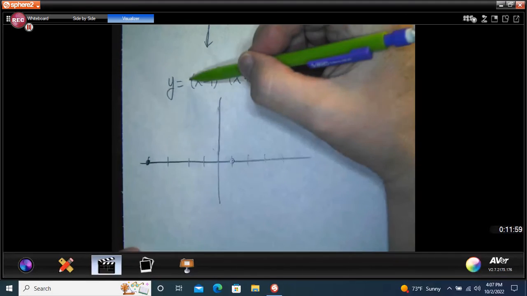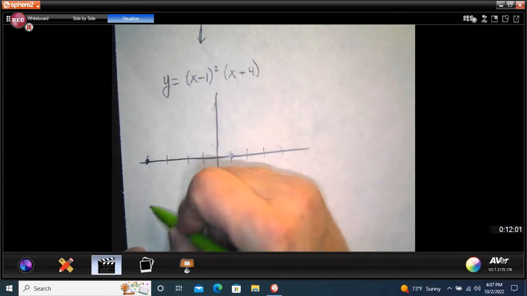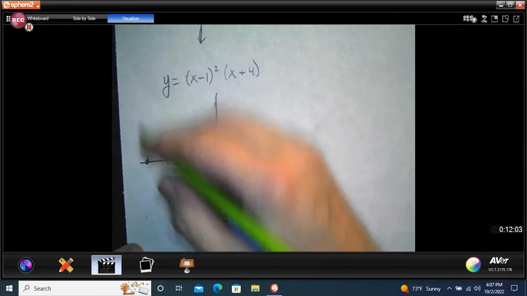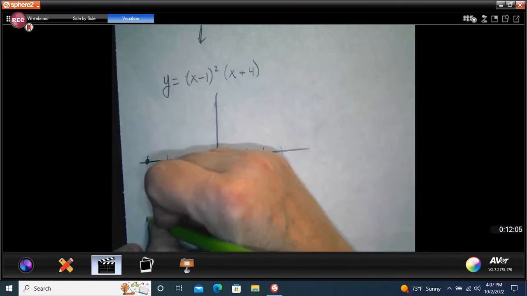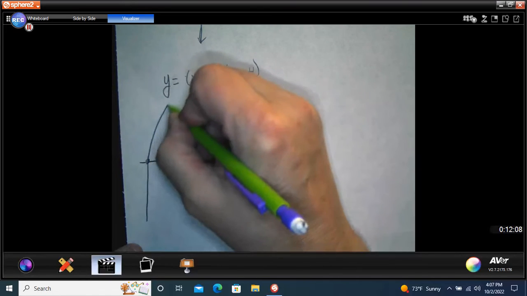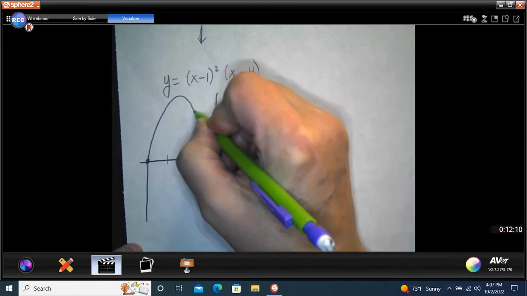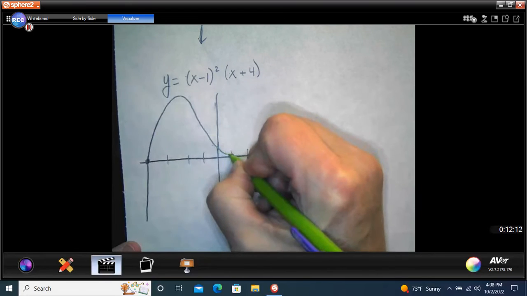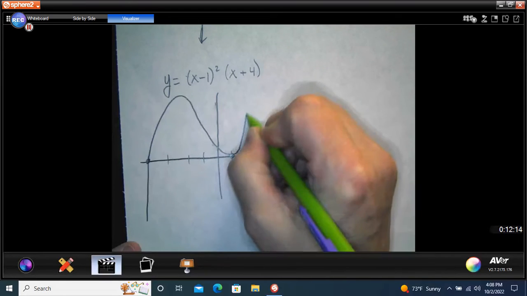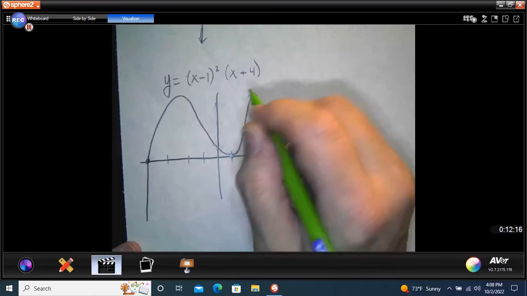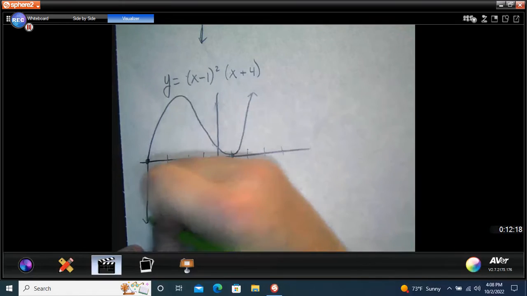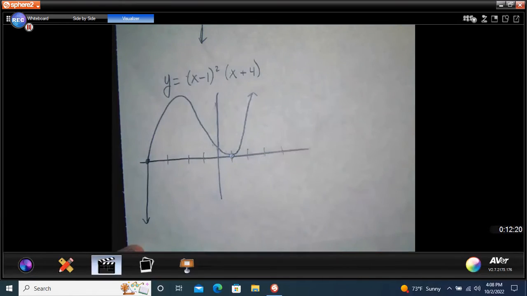It's positive out front, so it's going to start down here, right? It's going to start down because it's positive out front. It's going to come up through here. It's actually going to go pretty high because these are pretty far apart. But it's going to come down. It'll be tangent here, and then like this. And there's your double root.